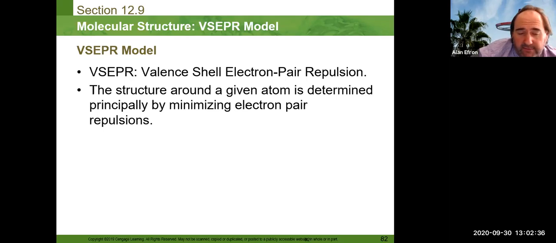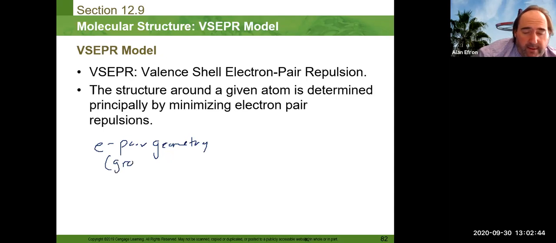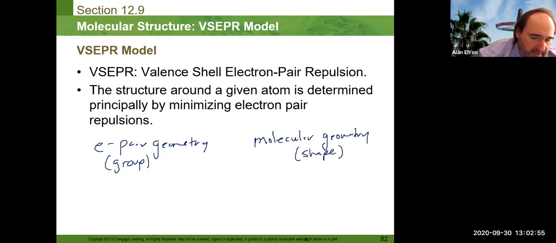One is sometimes referred to as the electron pair geometry. I think your book may call it electron group geometry. And one is referred to as the molecular geometry, or that is sometimes referred to as the shape. So these are 2 different names.